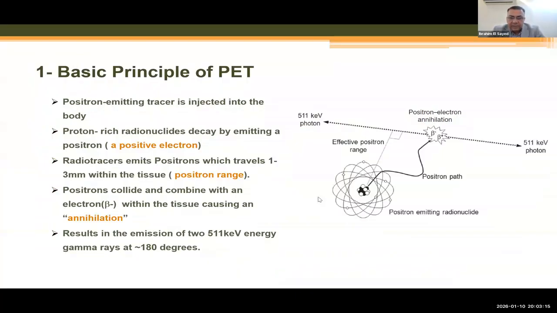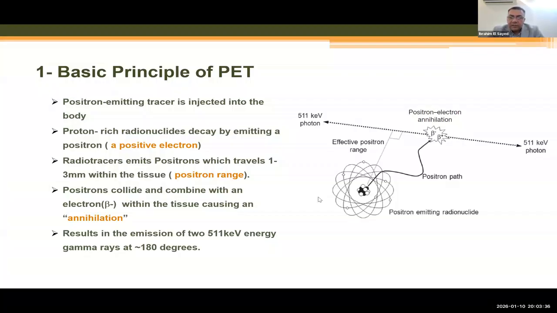To achieve stability, it decays by positron emission. A positron is the antimatter counterpart of the electron. It has the same mass but opposite charge.